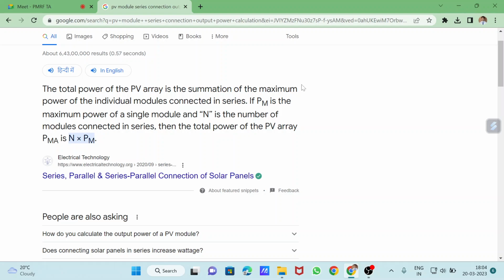If there is a rating on the module, P max, the output power, you have to sum P1, P2, P3.